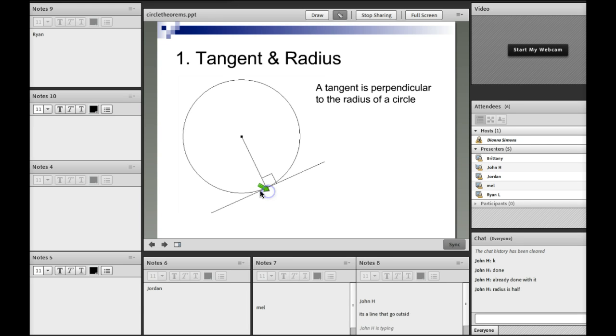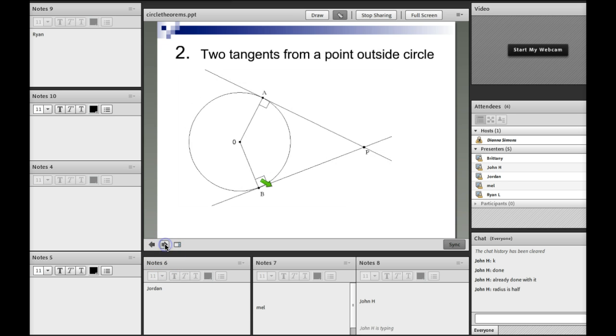A tangent line, they only touch in one spot. Yes. Okay, so a tangent is perpendicular to the radius. What's important here is that if you were to draw a line from the center to the circumference, the radius and the tangent line are going to have an angle of 90 degrees.